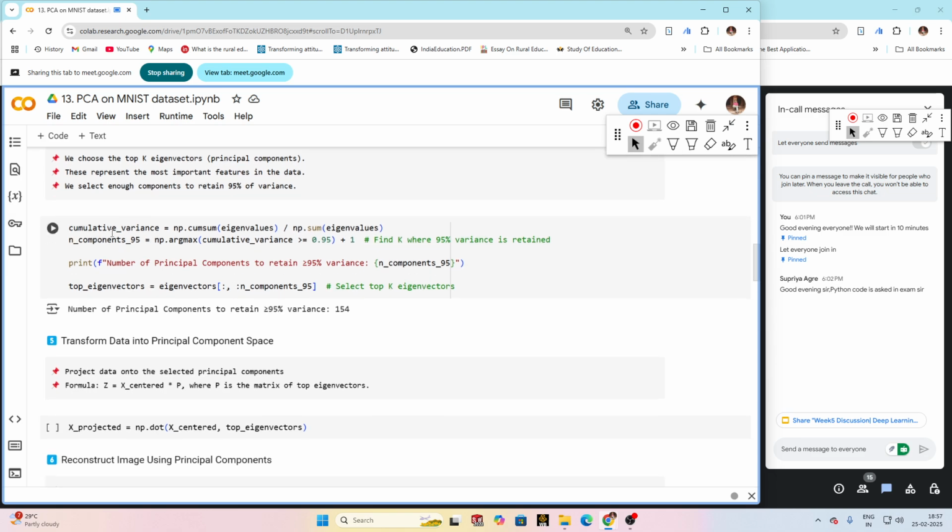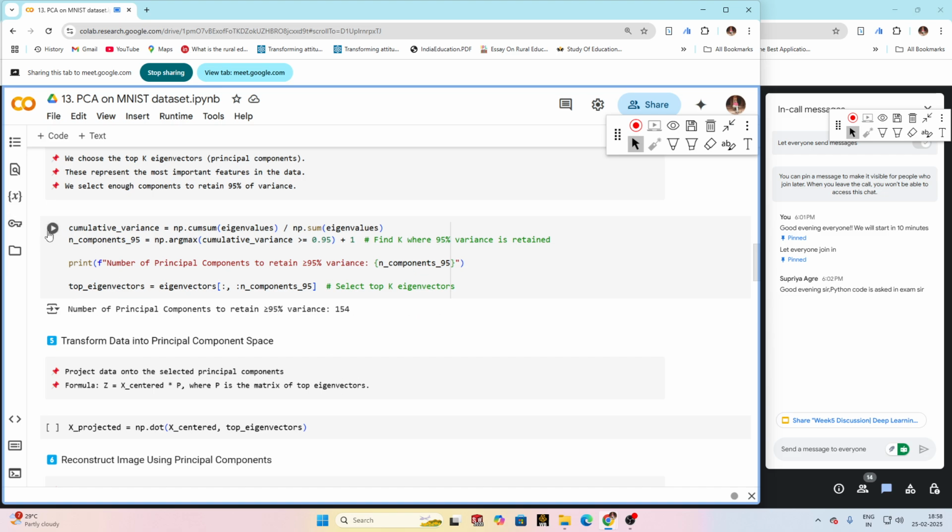So for that we have done this coding, and we can find the number of principal components needed to get 95% of variance. So cumulative, this is the formula, and by that we have found that k where 95% of variance is retained. That means how many principal components are required to retain 95% of variance.